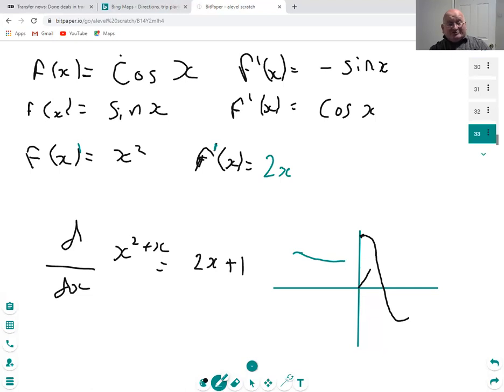I'll just tell you the result for x cubed: d by dx of x cubed equals 3x squared. If you're really feeling ambitious, draw yourself a grid and see if you can prove that using the delta x method. That may not be something you want to do straight away.